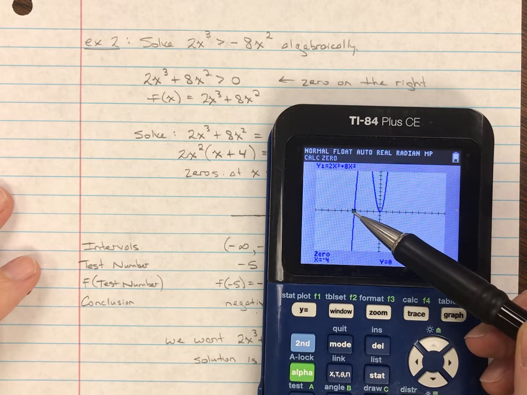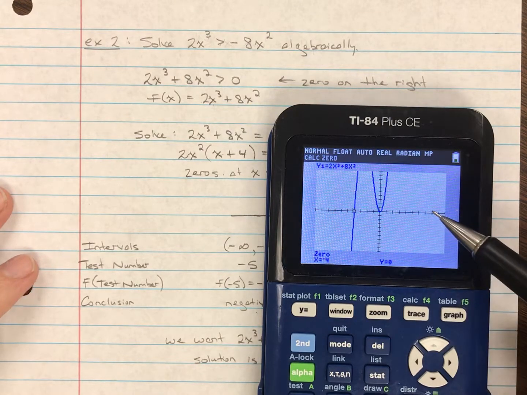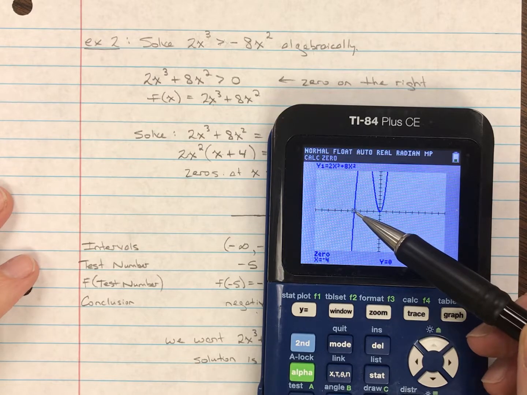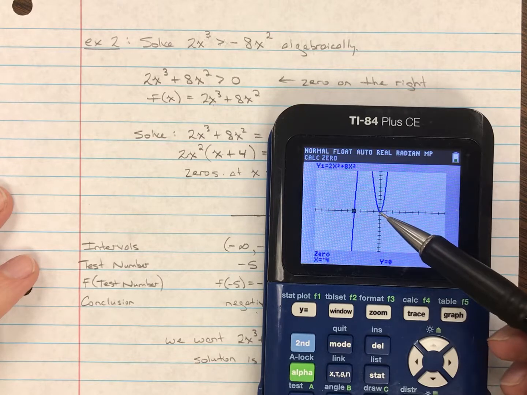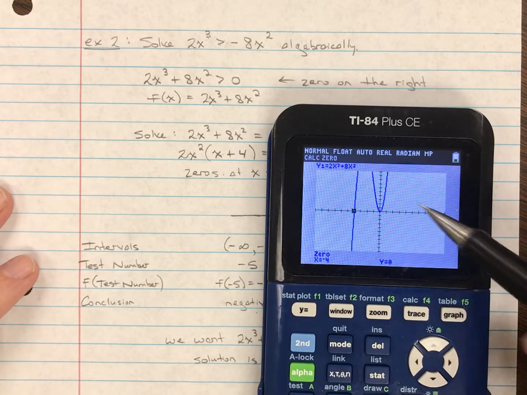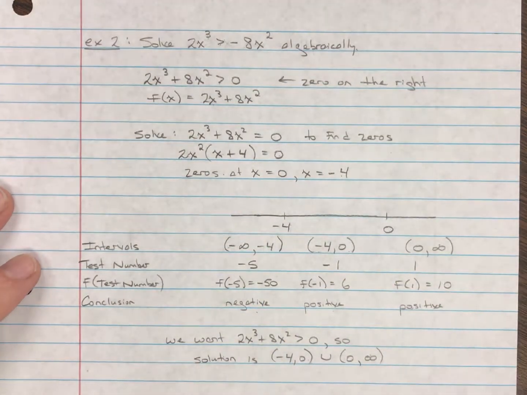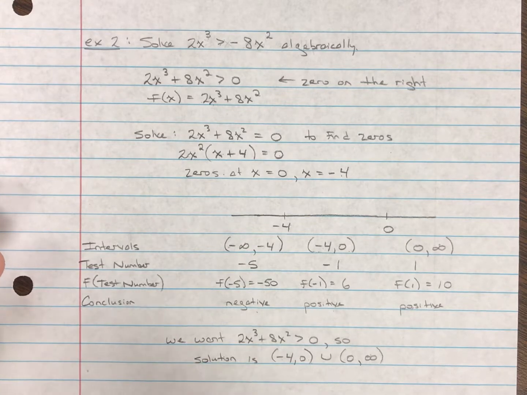So from negative 4 all the way to the left, it's above, except for the 0 right there. And again, we can't include the negative 4 either. So from negative 4 to 0, it's above the x-axis. And from 0 to positive infinity, it's also above the x-axis. Obviously, as you can see, graphically is a lot easier than algebraically.